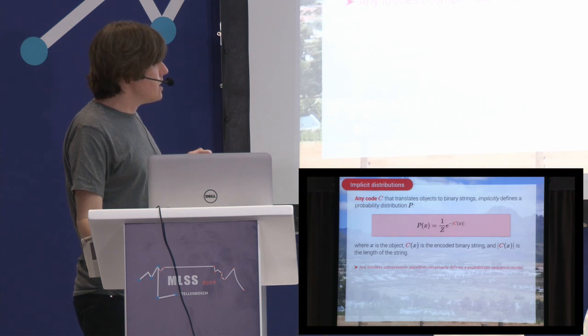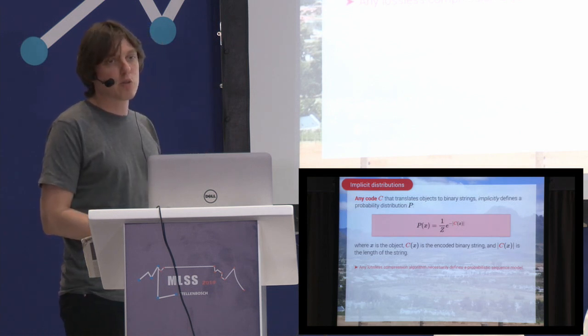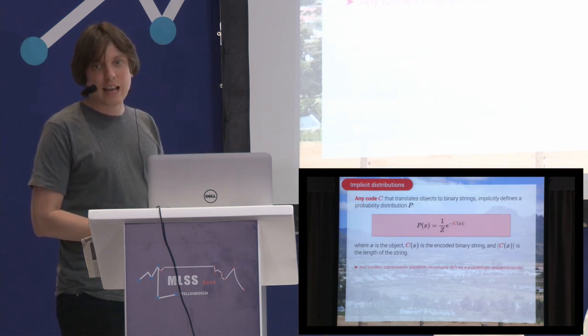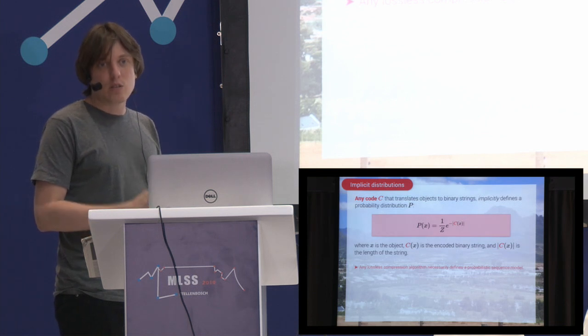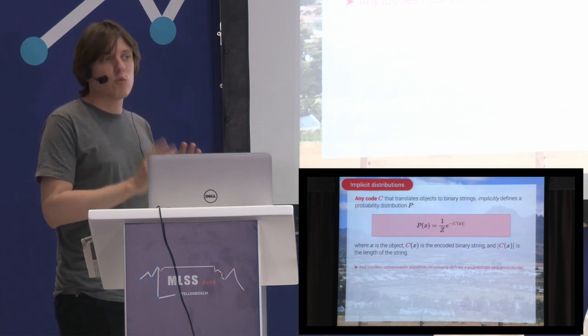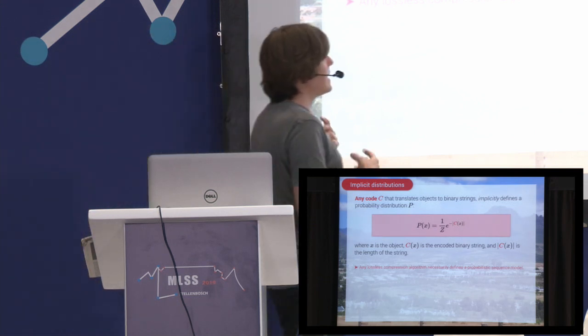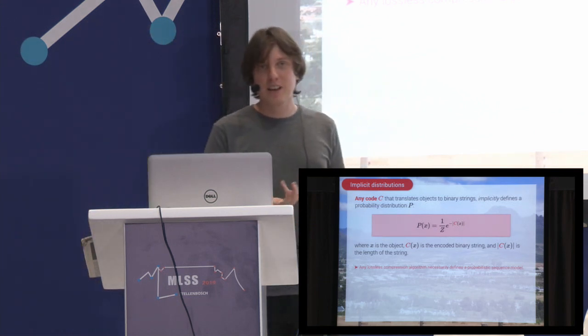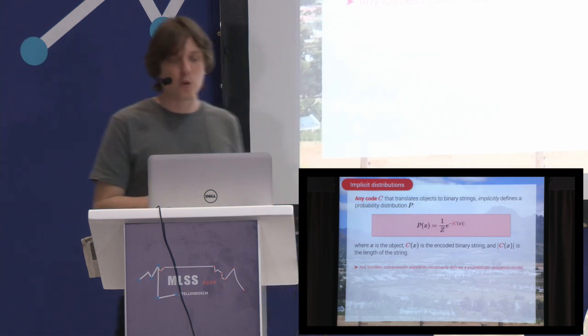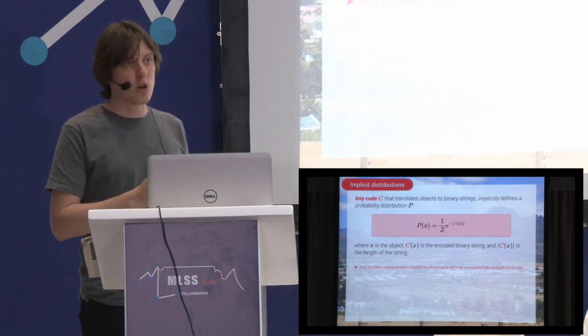Every code that you design implicitly defines a probability distribution. And that's kind of easy to see, right? If you think about a 0 and a 1 as a coin flip, you can work out exactly how much probability mass there is for each event that corresponds to that code word.